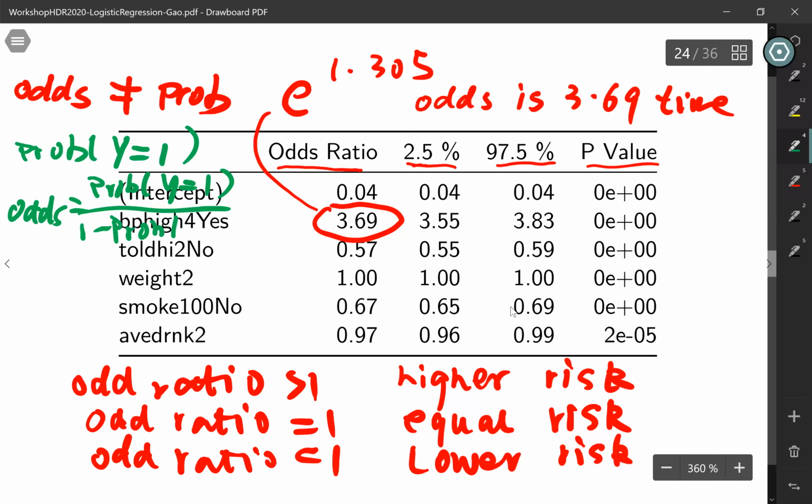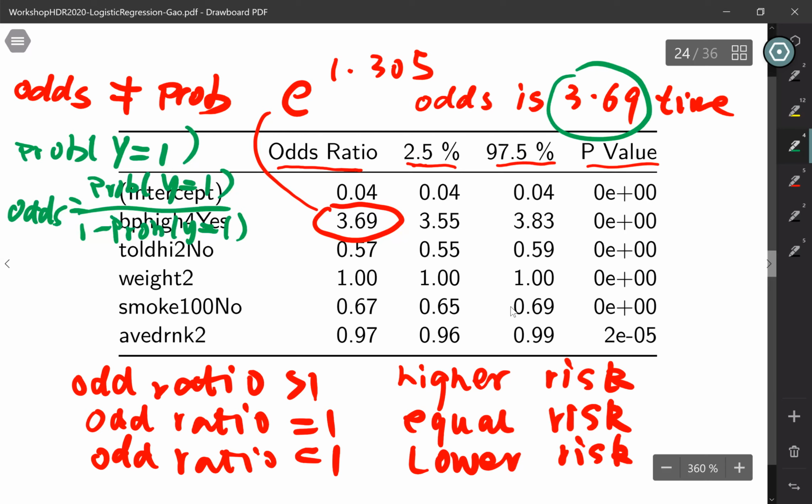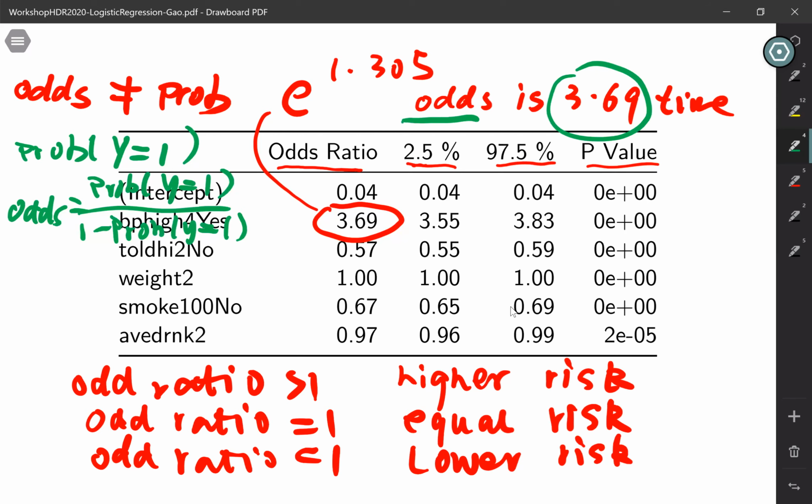So you see they are different. I just don't want you to misinterpret this number as probability. Odds higher means risk higher, but this doesn't mean the risk or probability is 3.69. You can only explain that the odds is 3.69 times that of the other group.